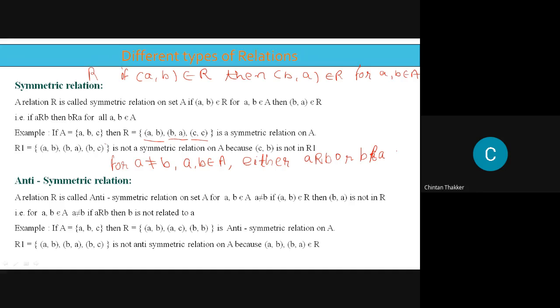So therefore, R1 is not an anti-symmetric relation. Here R1 is neither a symmetric relation nor an anti-symmetric relation.